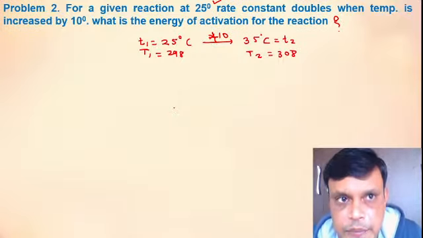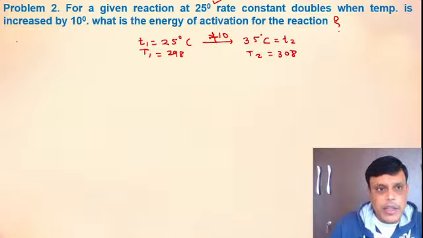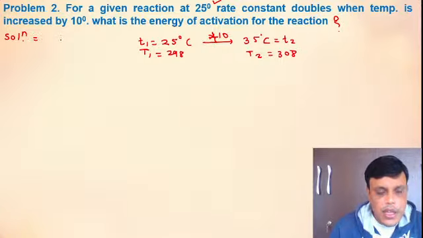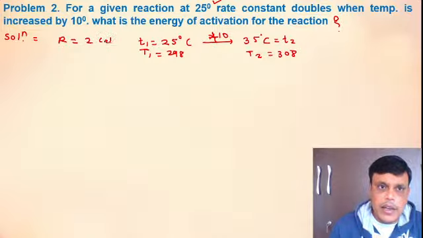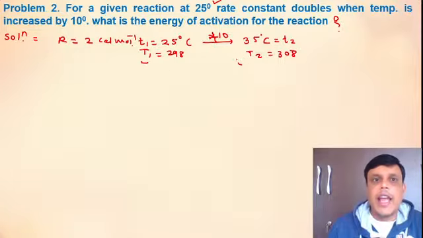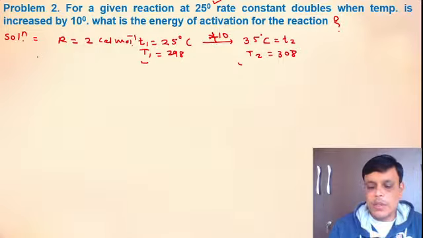Now here I will write the solution. They have given R is also 2 calorie per mole per degree. They have given temperatures T1 and T2, and this ratio, that means what happens to the rate constant.